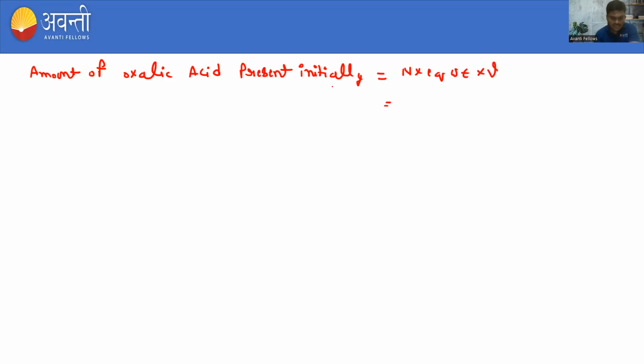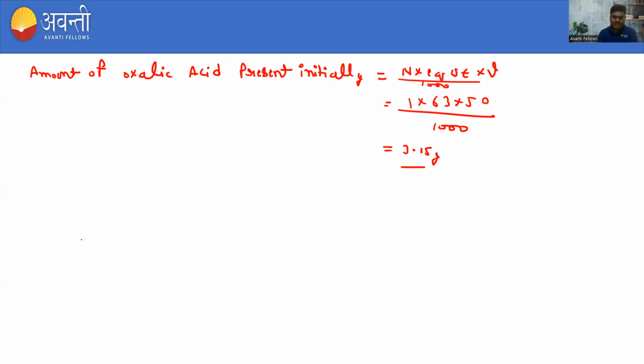So what is the N for this question? We can write that as 1 into 63 into 50, divided by 1000. So solving, what will you get, beta? 3.15 gram. So this is the amount of oxalic acid present initially.